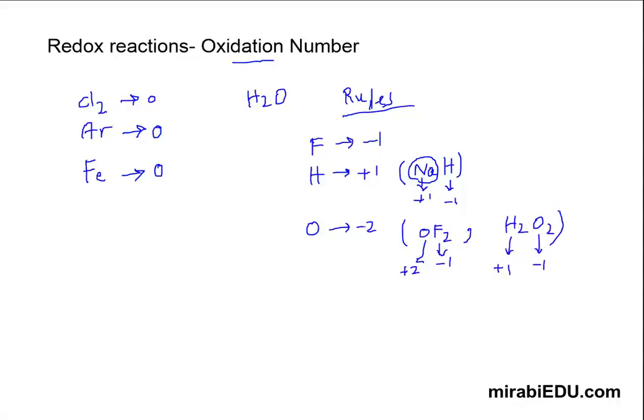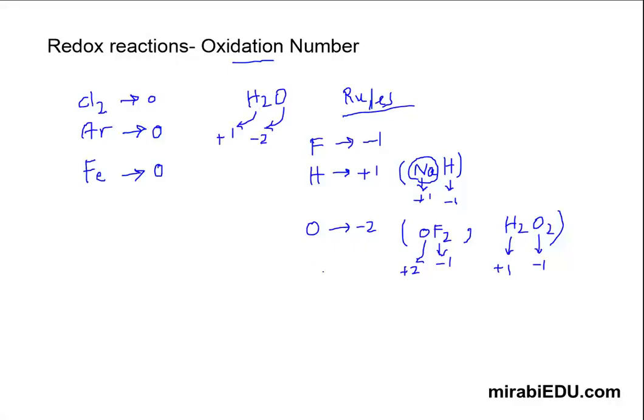In other compounds, because oxygen is the second most electronegative element, it has a greater electronegativity than all the other elements, so it will get electron. So for example in here oxygen will be -2 and hydrogen will be +1 as usual.